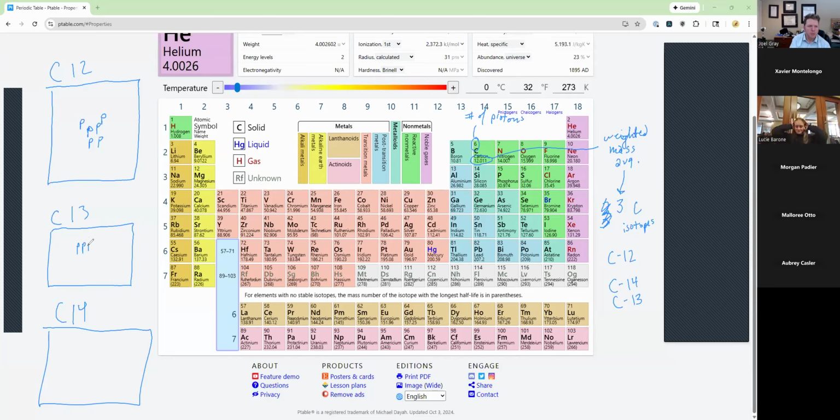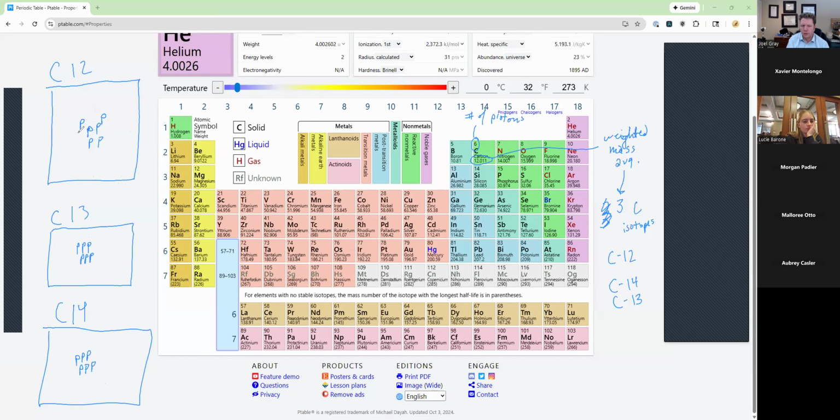P, P, P, P, P, P. Okay, then 14 is also going to be P, P, P, P, P, P. So I've got my 6 protons that are going to be in each one of these different isotopes' nucleus.